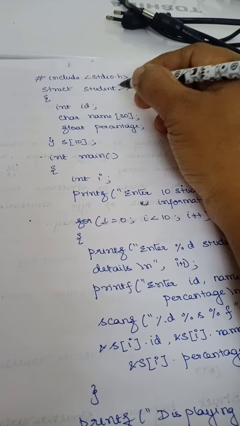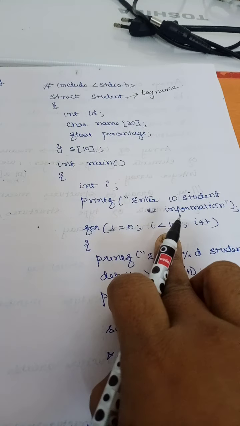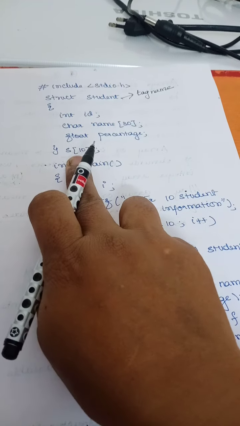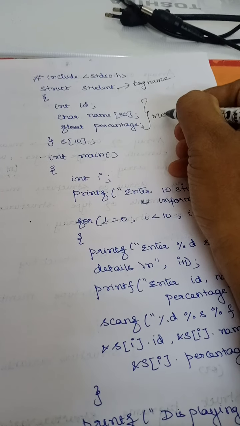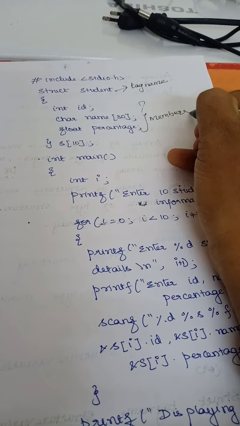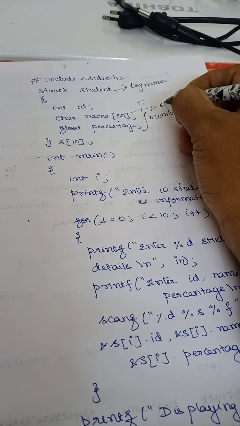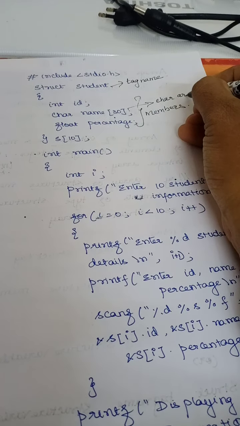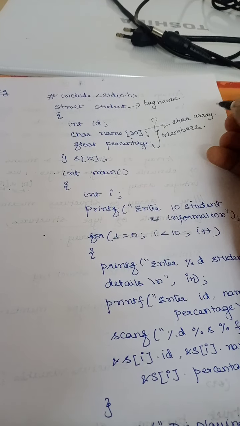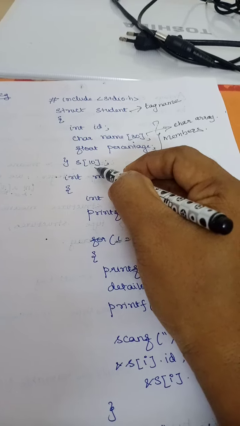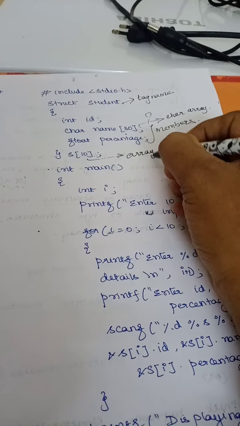I am not going to use this anywhere other than for creating the variables. And these are going to be the members. See, I have got a character array inside my structure. We have already used this. So it's a character array inside the structure, and here it is going to be an array of structures.